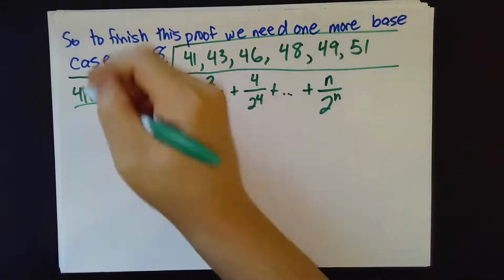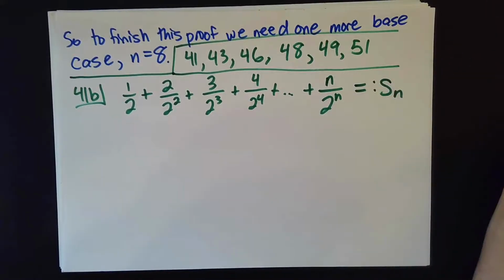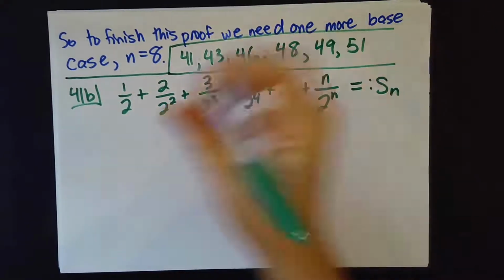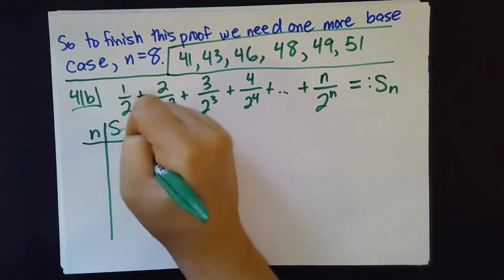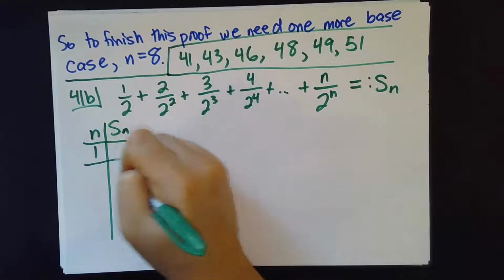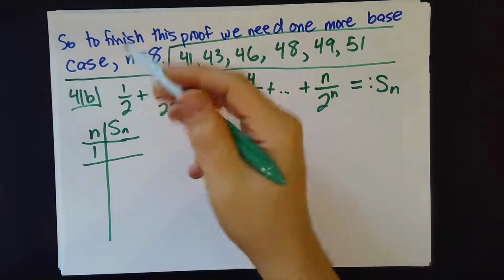And so we want to make a table, so I'm going to call this thing S sub n uncreatively. Okay, and why am I making a table? It's because this question doesn't actually tell me what I'm trying to prove, so I have to make enough data to figure out what I'm trying to prove.